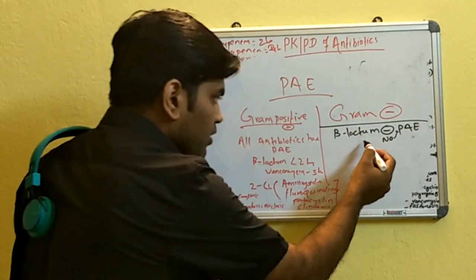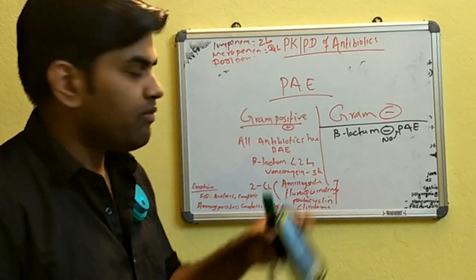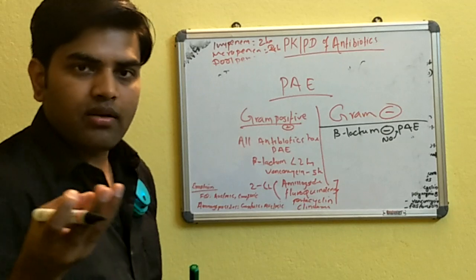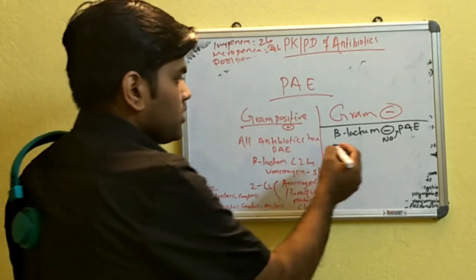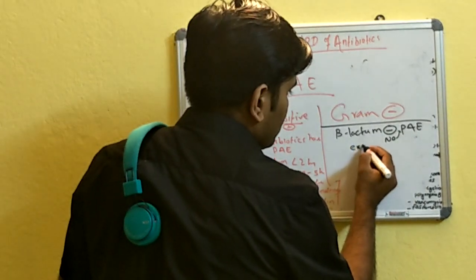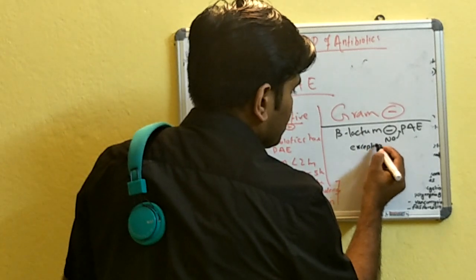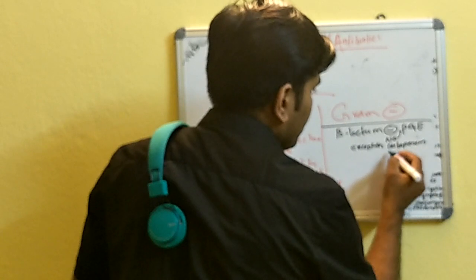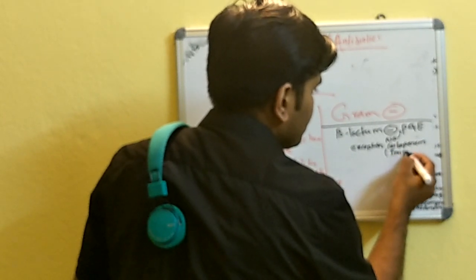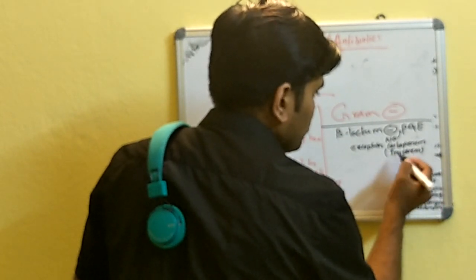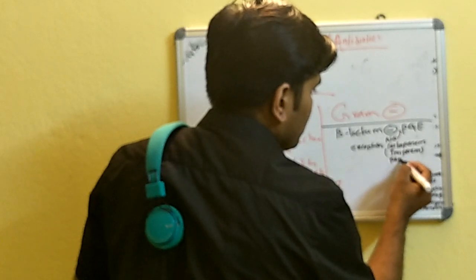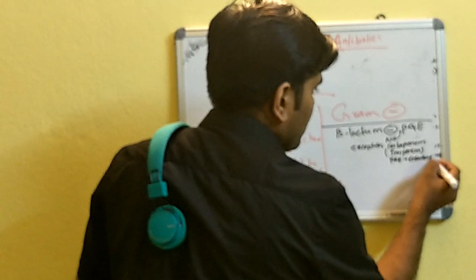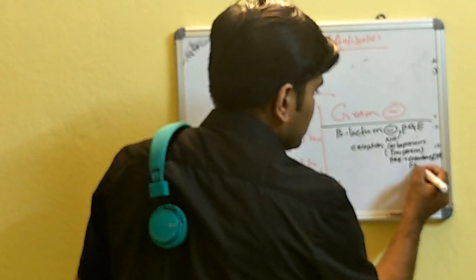So there is no post antibiotic effect of beta lactam antibiotics, that is penicillin, cephalosporin, monobactams. The exception is carbapenem. Carbapenems, mainly imipenem, have post antibiotic effect against Enterobacteriaceae and Pseudomonas.